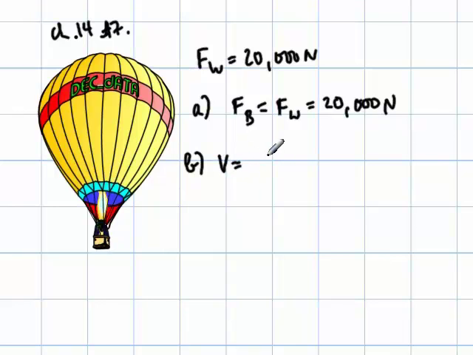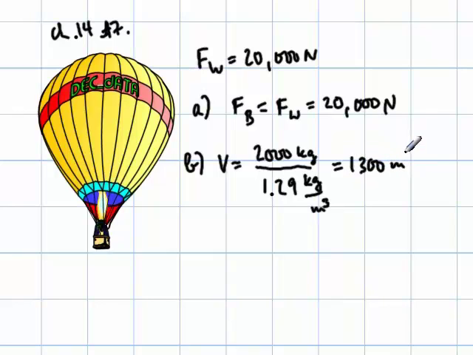So volume equals the mass of the air, which is 2,000 kilograms, because a weight of 20,000 newtons is divided by 9.8 or 10, so it comes out to 2,000 kilograms, and then needs to be divided by the density of air, which is 1.29 kilograms per cubic meter, and then 2,000 divided by 1.29 on the side comes out to 1,300 cubic meters.